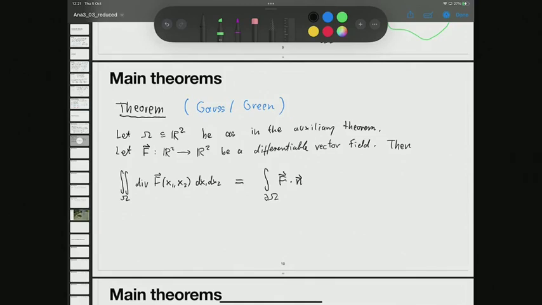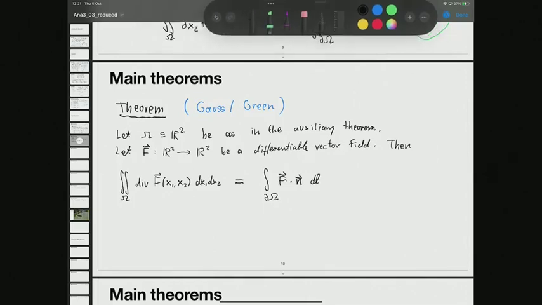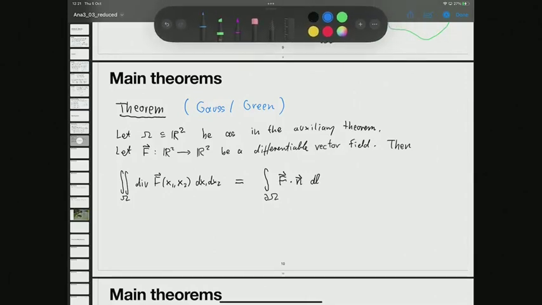Here we've got a scalar product, and I take a curve integral of this. That's known as Gauss theorem, sometimes also known as Gauss-Ostrogradsky theorem, and sometimes only known as divergence theorem.